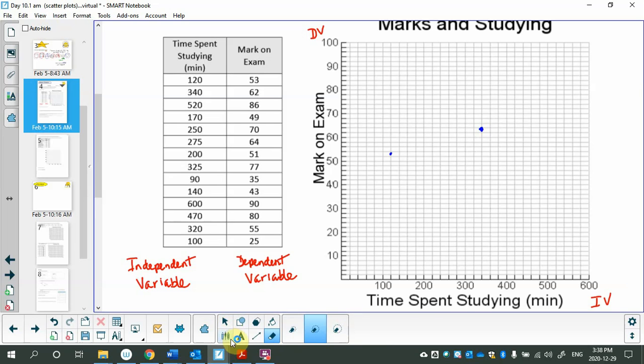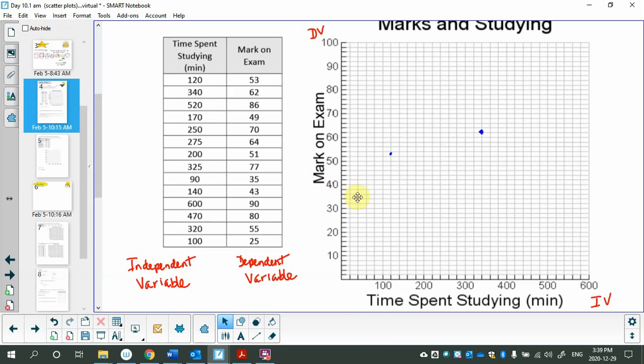Now I want to double check to see if that's actually 62. I think that's 64. There. So this is going to take me a little bit of time.